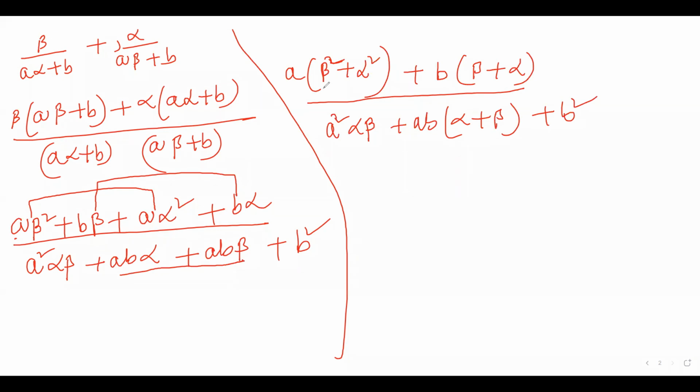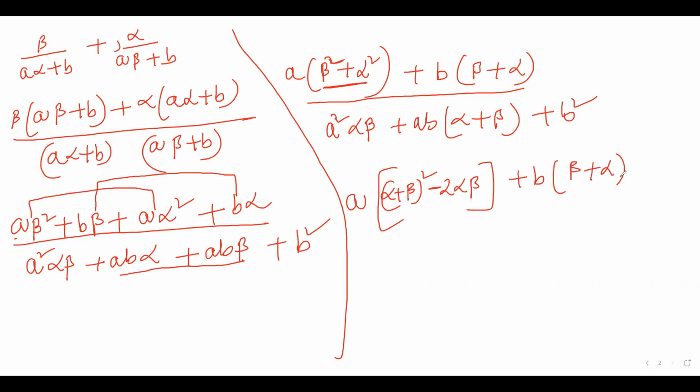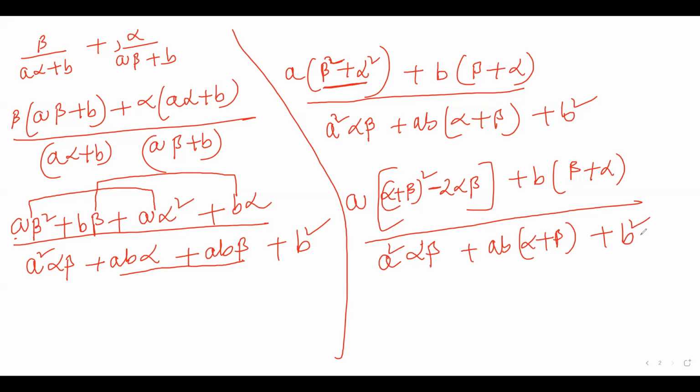You all know alpha square plus beta square is alpha plus beta whole square minus 2 alpha beta, plus B into beta plus alpha over A square alpha beta, AB alpha plus beta plus B square.